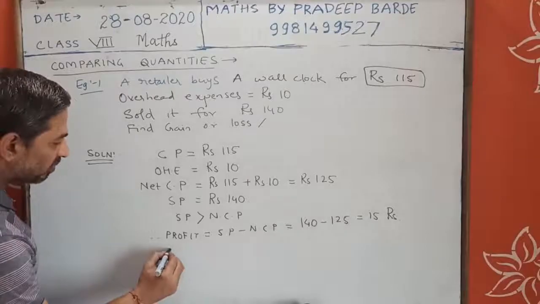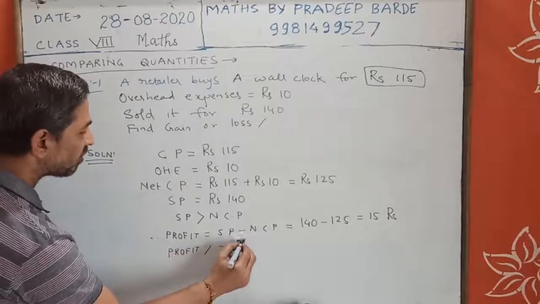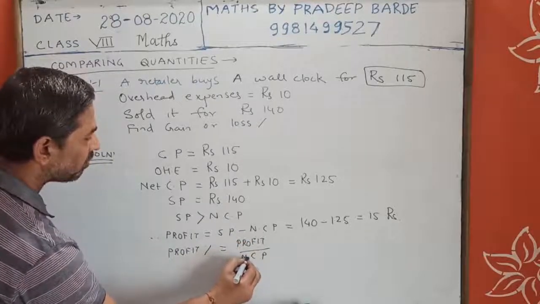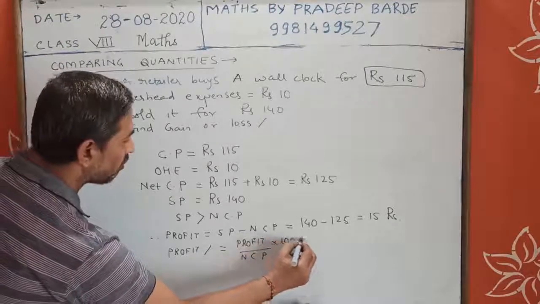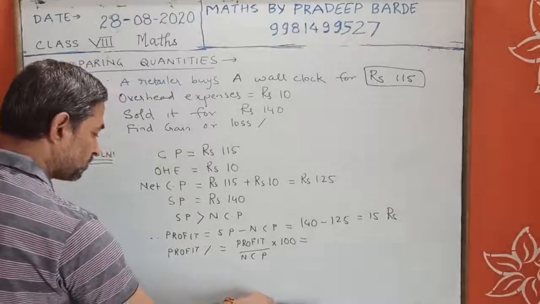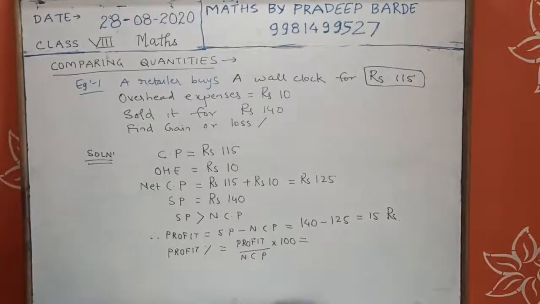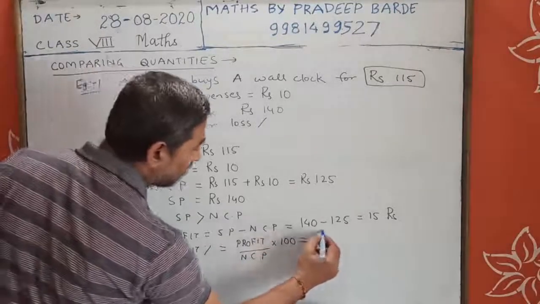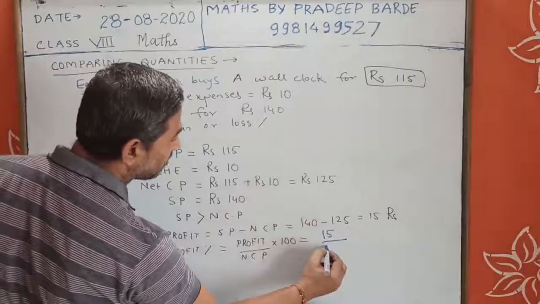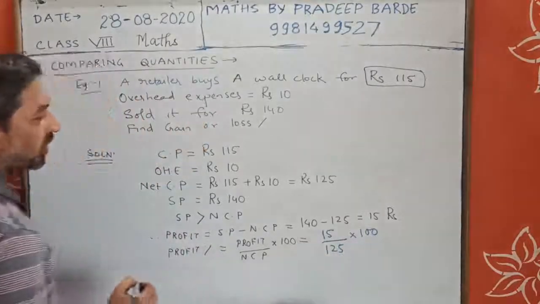Now let's find out the profit percent. Profit percent equal to profit upon net cost price multiplied by 100. So the profit is rupees 15 upon net cost price 125 into 100.